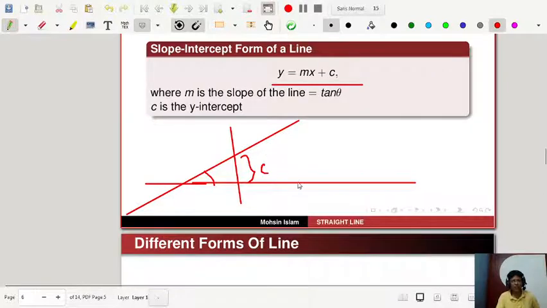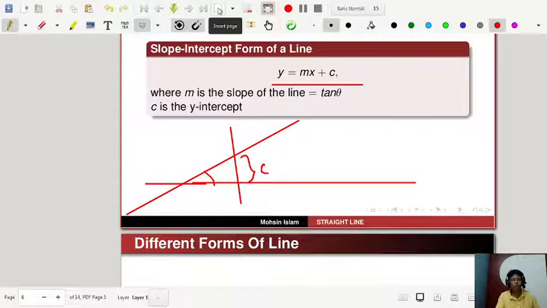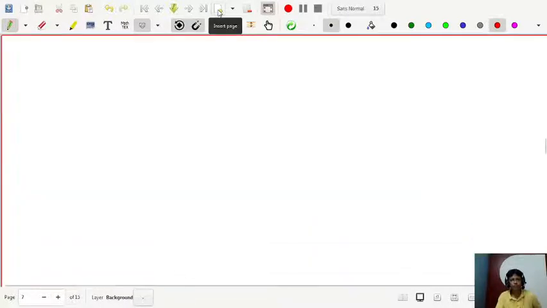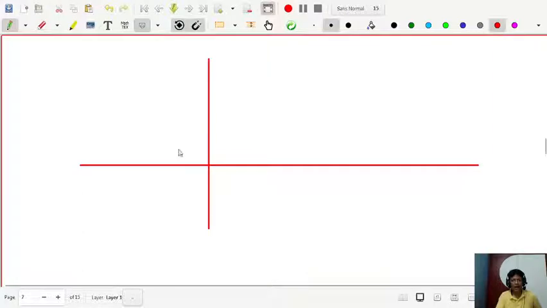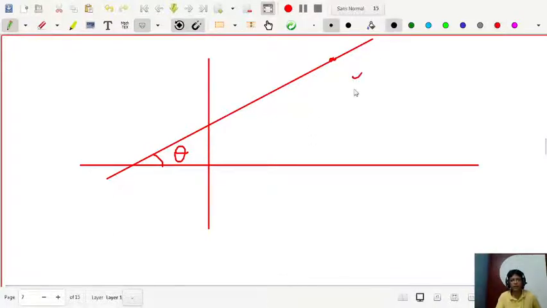That can be verified also. Let me show you. This is the axis, and suppose this is the line, and this is theta. Any point on the line is P, with coordinates x comma y.